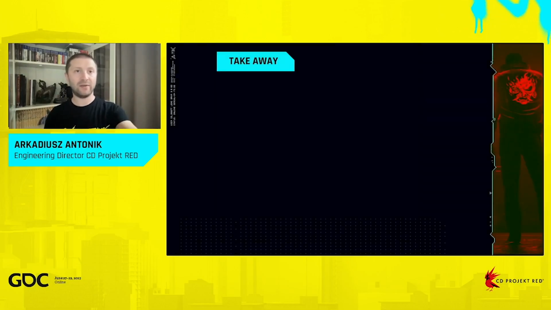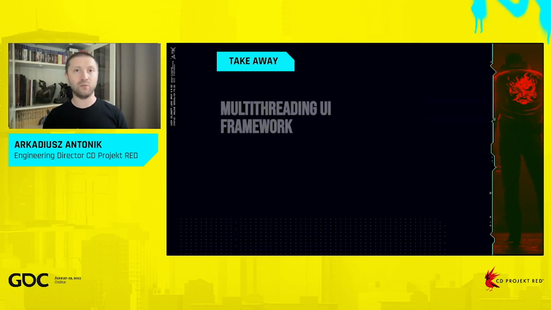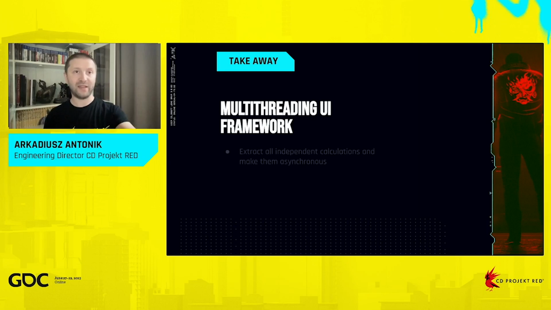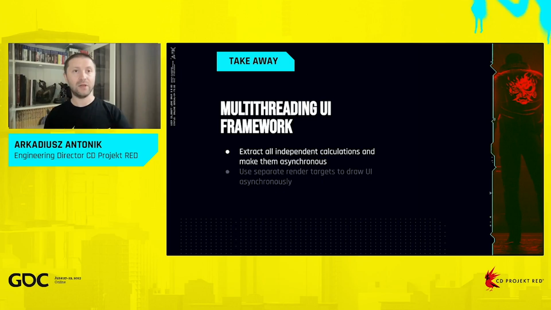Finishing this part, quick takeaway about multi-threading UI framework. To achieve it, we have to first extract all independent calculations and make them asynchronous. Second, use separate render targets to draw UI asynchronously.